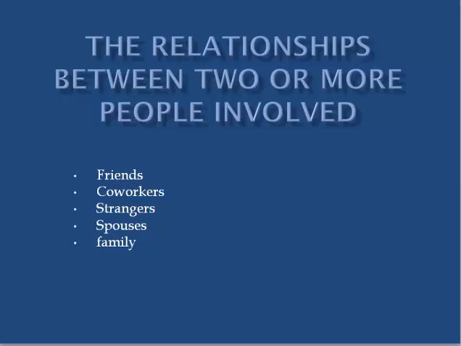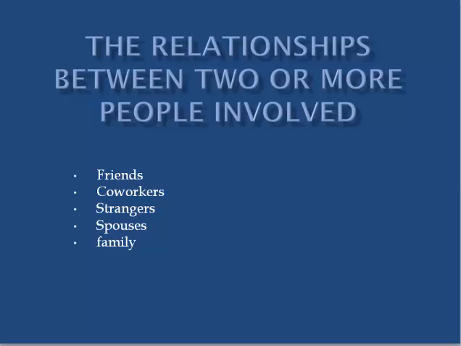So I'm going to give you some examples. If you are walking down the street and you say hi to somebody that's your friend, they're probably going to say hi back. Coworker, same thing. Even a stranger saying hello to you is not that out of the norm.